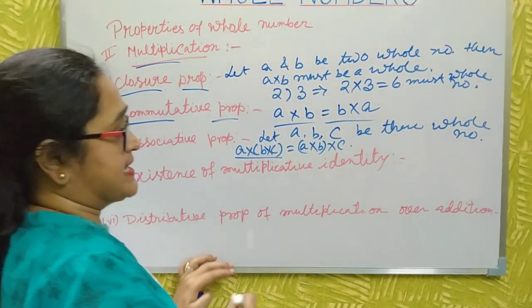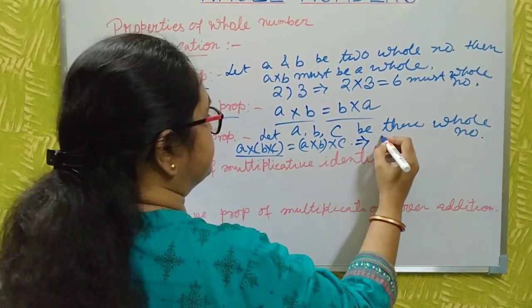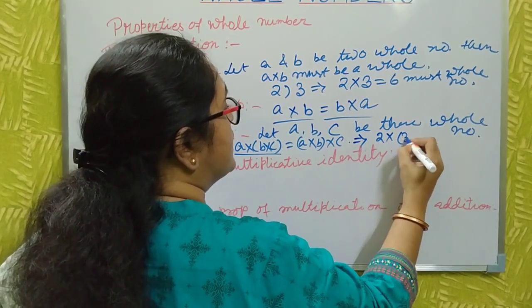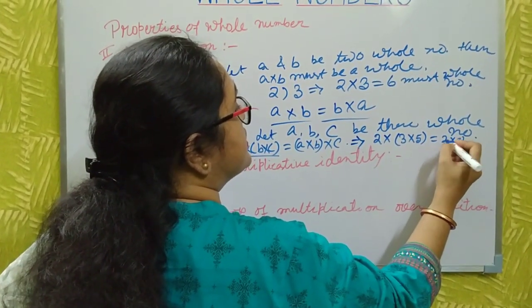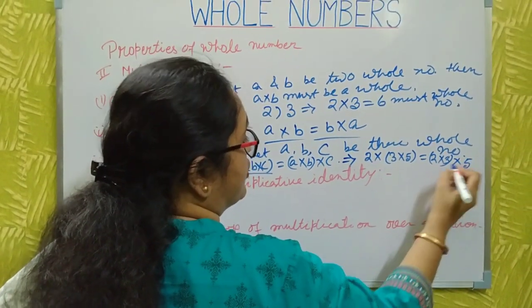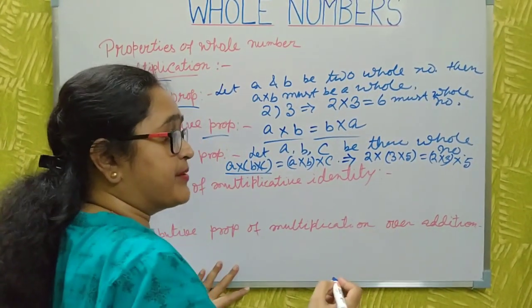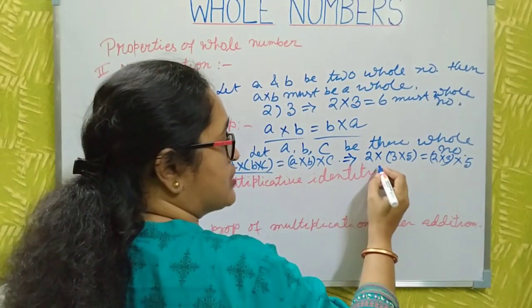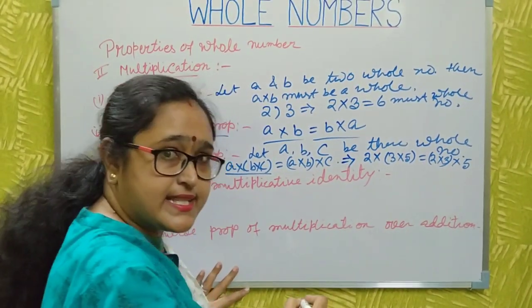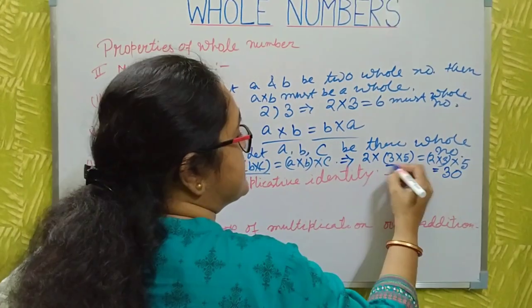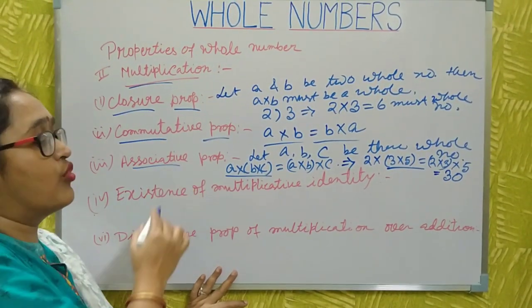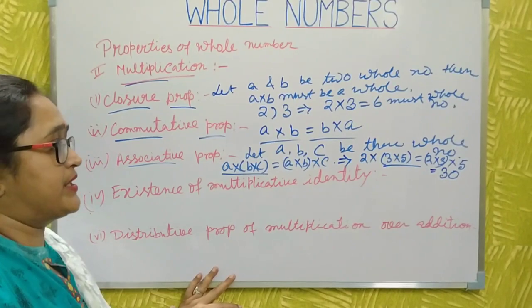Now I take an example. 2 into 3 into 5 is equal to 2 into 3 into 5 also. 5 3s are 15, 15 2s are 30. Here 3 2s are 6, 6 into 5, 30 also. This is the same. This property is called the associative property.